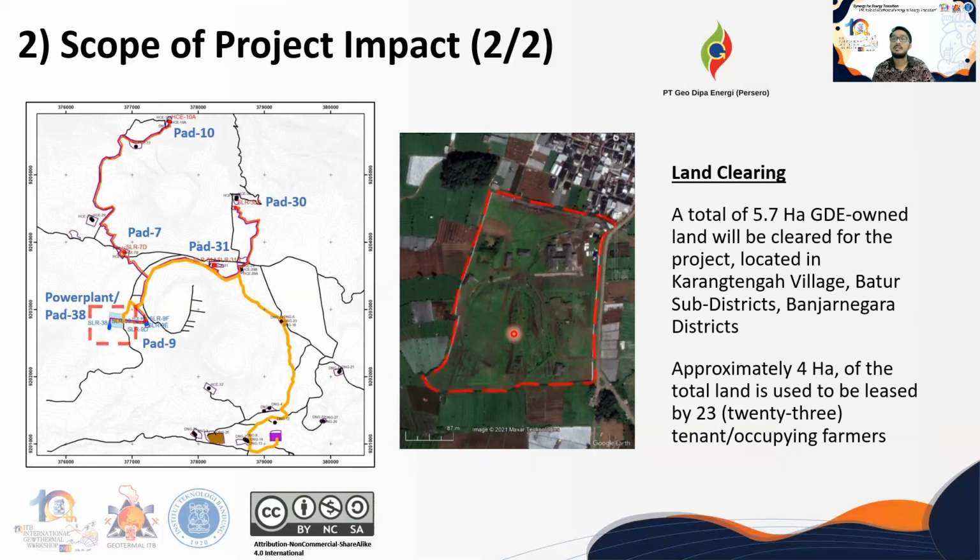A total of 6.7 hectares of GDE owned land will be cleared for the project. This area is located in Karangtengah village, Banjarnegara. Approximately 4 hectares of the total land used to be leased by 23 farmers.